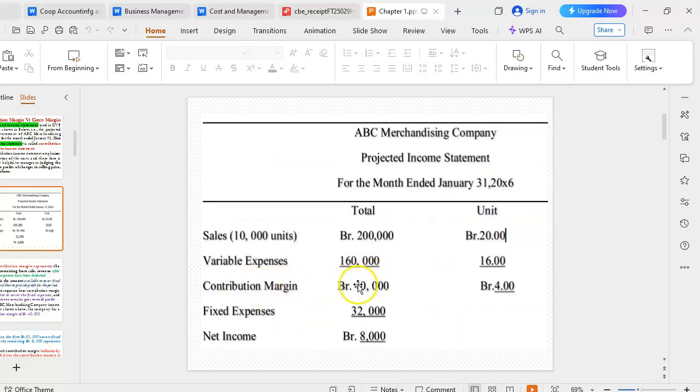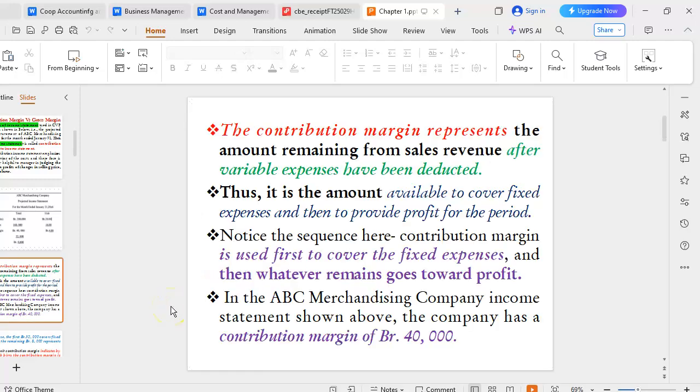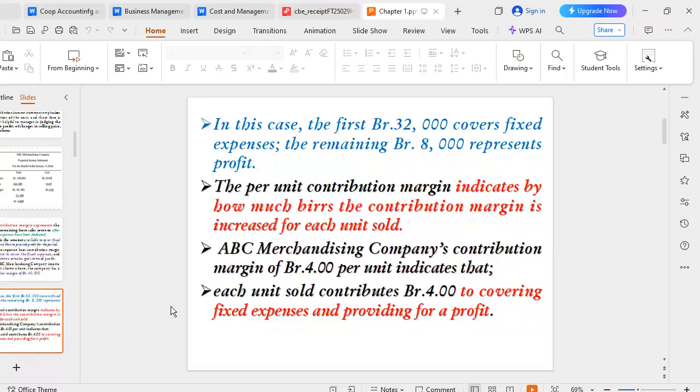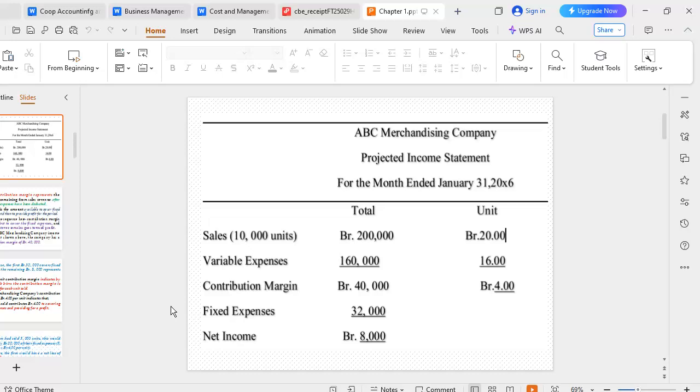A contribution margin of 40,000 means the difference between 200,000 and 160,000. The left one is 40,000. This is contribution margin. In this case, the first 32,000 covers fixed expense, and the remaining 8,000 represents the profit.